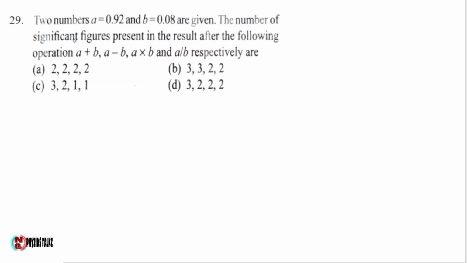Next question, two numbers are given by A equals 0.92 and B equals 0.08. Find the significant figures of A plus B, A minus B, A into B and A by B. Now A plus B equals 0.92 plus 0.08, which gives 1.00.